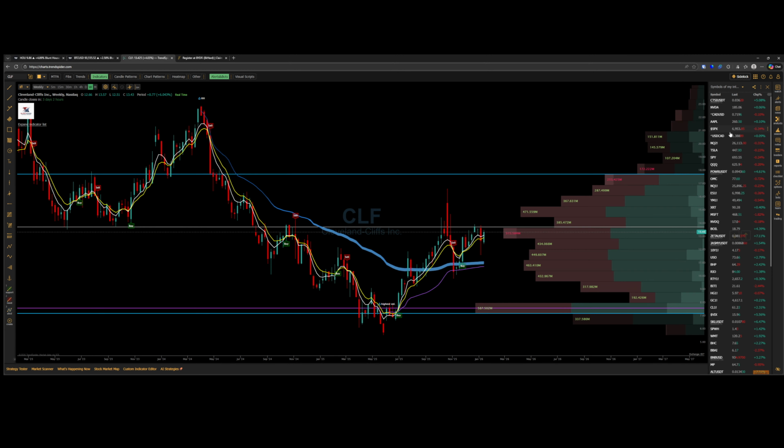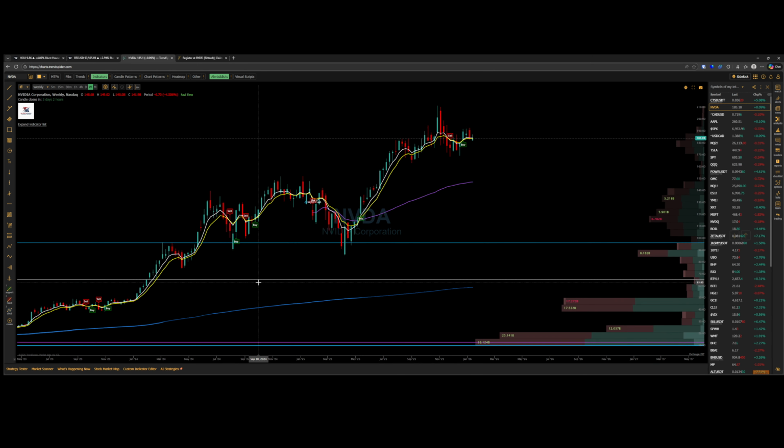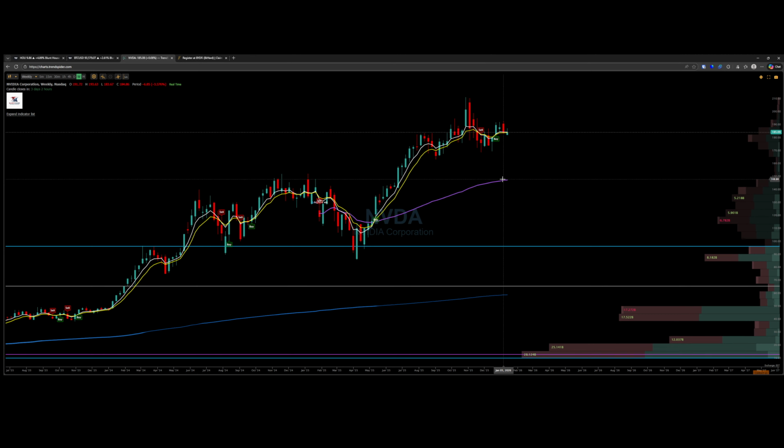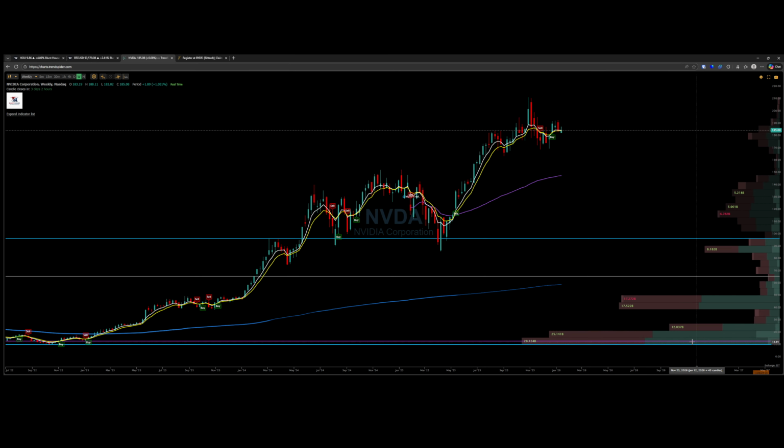I don't know if there's any other questions. Let's look at NVIDIA really quick, because this thing is a slippery slope. This is the weekly chart, and let's pay attention to what we see here. Anchored VWAP for volume, anchored VWAP for price, and obviously our volume profile. That's the POC down here, and the lower value range, that's the VWAP.